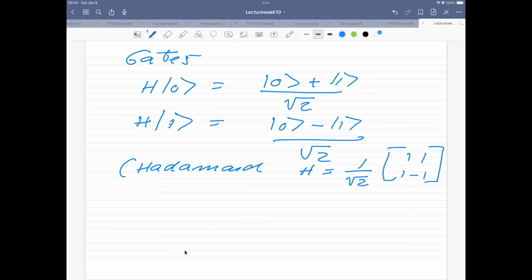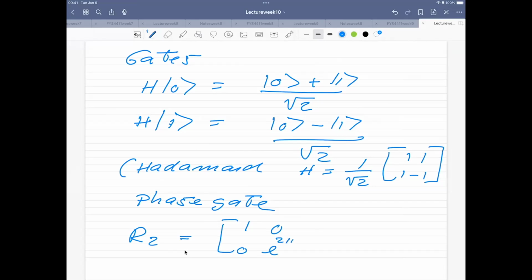And then we have the phase, or the controlled phase gate. This is typically R2, which we have in this specific case. And that is given by 1, 0, 0, and then e to the power of 2 pi i divided by 2 squared, which is nothing but 1, 0, 0 of e of i pi half.